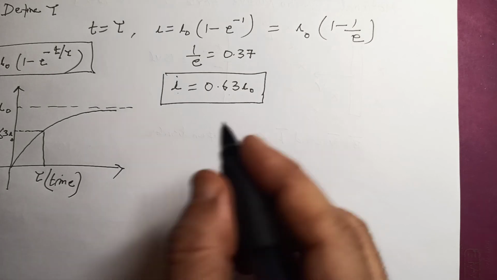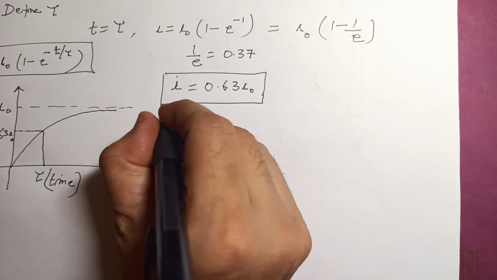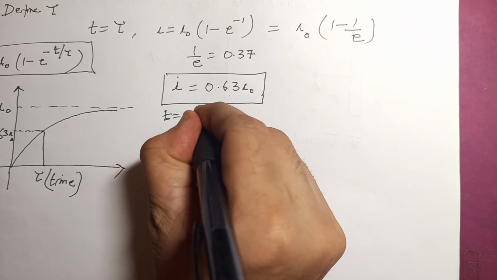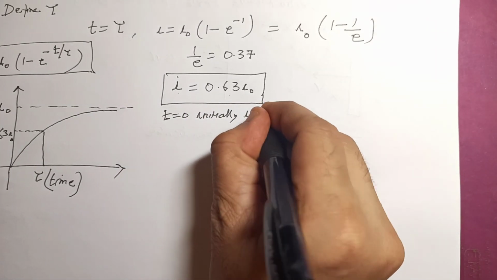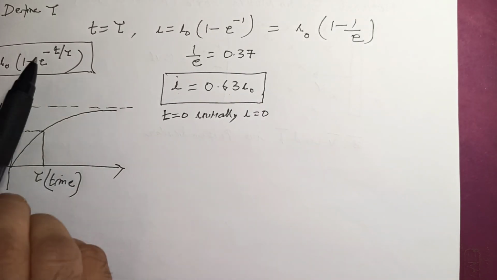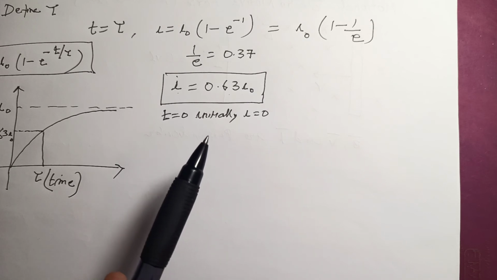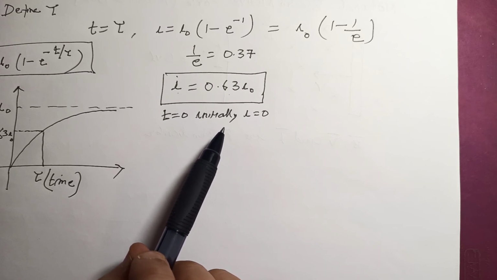Okay, now if I have to summarize it in terms of two small circuits, then I can say when t is equal to 0, initially I is equal to 0. Correct. Now if I put I is equal to 0 in this, it becomes I is equal to I naught. Correct.